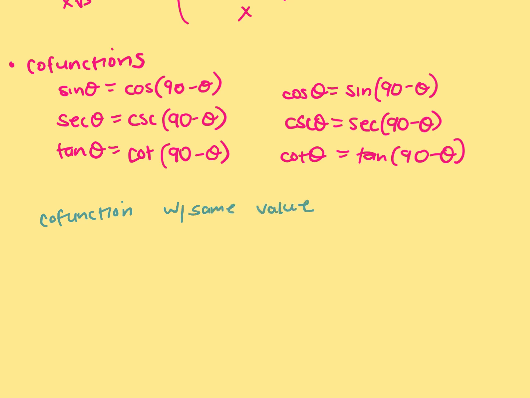So if I gave you the secant of 15 degrees and I asked for a cofunction with the same value, it would be what? Good. So cosecant of 90 minus 15, which is?